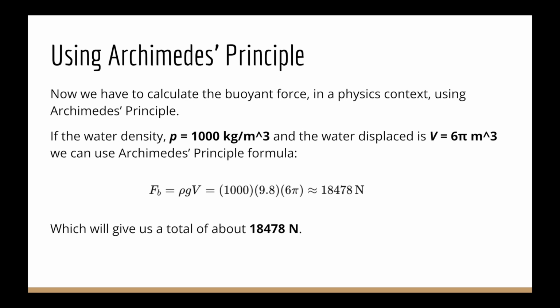From here, if you wanted to continue the example, you could take the total weight of the hatch, whatever number that would be, and compare it to the buoyant force. If the buoyant force is greater than the weight of the hatch, then it would float.